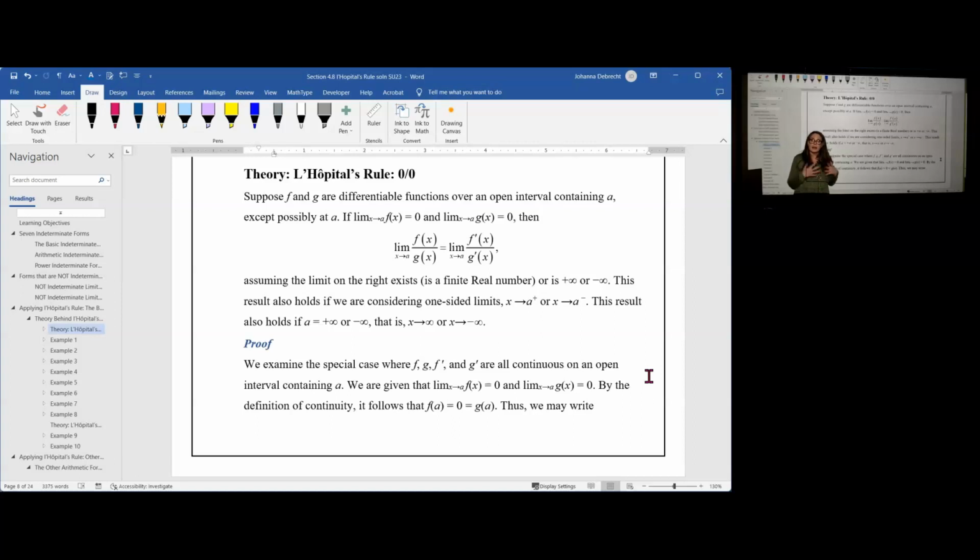Let's now go ahead and formally state L'Hopital's rule.